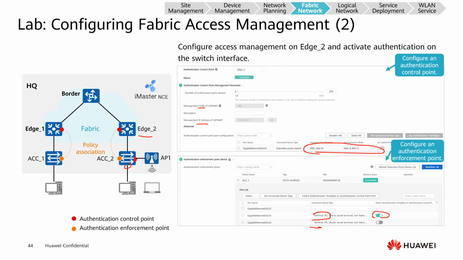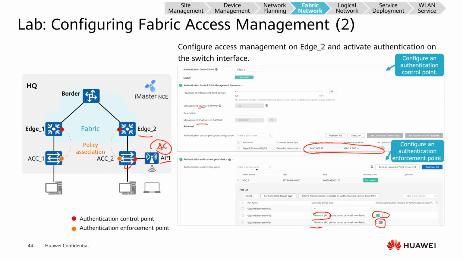But for the APs, they need to bind with the portal authentication template. And for the portal one, you need to bind it on the AC devices, right? So in this step, it does not need to inherit the authentication template because you have not configured the AC yet.